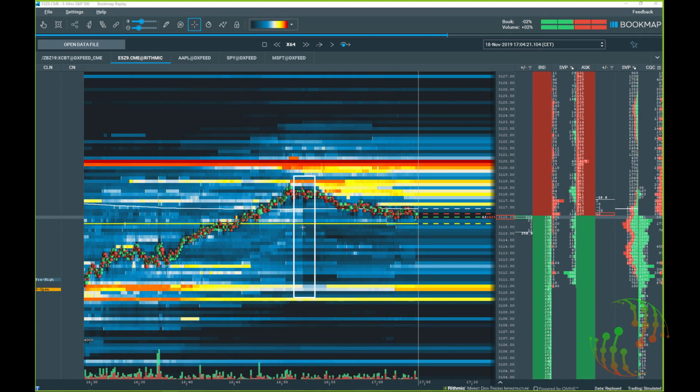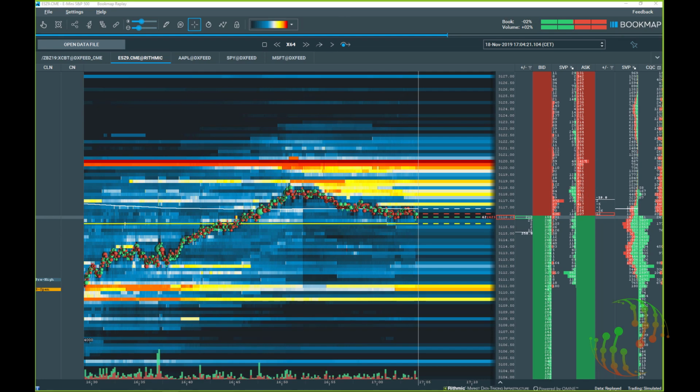This one here. This is a point where a lot of liquidity was cancelled on the bid side. For what reasons I don't know. But it's an indication that something might happen, or they're waiting for a tweet or an announcement.